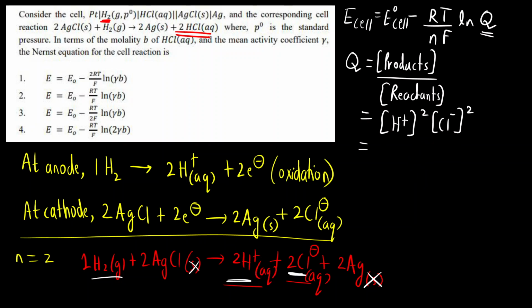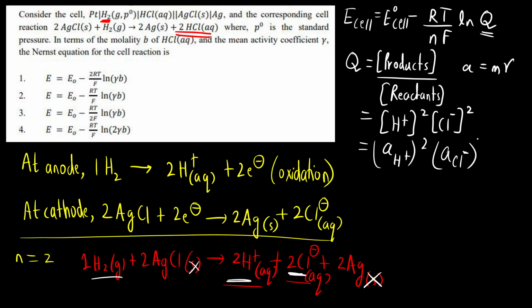What is the concentration? We know the formula a is equal to m gamma, where a is the activity. Here instead of concentration, it should be activity. Activity is the most appropriate term. Generally we consider gamma is equal to 1, that is the activity coefficient is equal to 1. That is why we write activity as concentration.